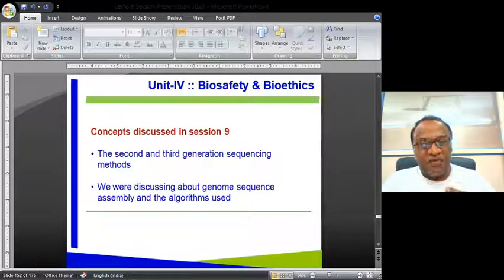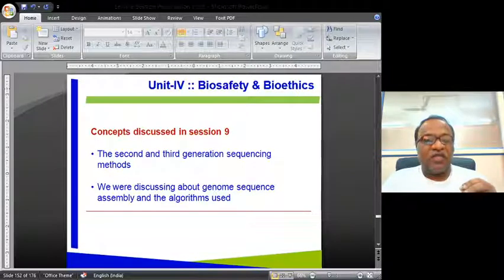Then we discussed the PacBio sequencing method and ONT, that is Oxford Nanopore Technology, under third generation sequencing methods. And I showed a few bites about the working principle of each of these methods.